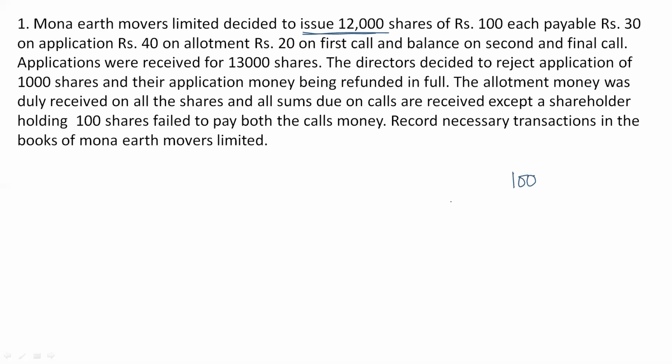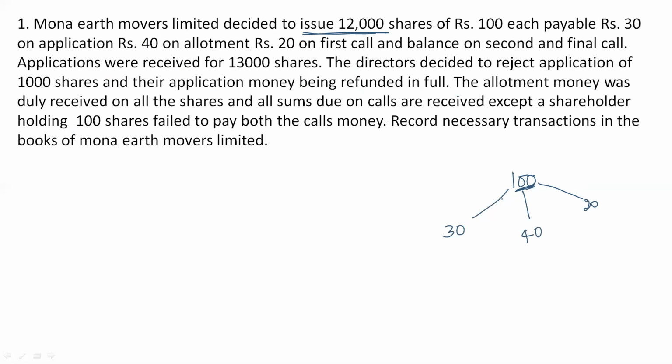Each payable rupees 30 on application, it means the company is asking to pay 30 rupees during the application process. Then out of 100, the company is asking 40 rupees to be paid during allotment. Rupees 20 on first call. Out of 100, the company is asking 20 rupees on first call, and the balance on second and final call.